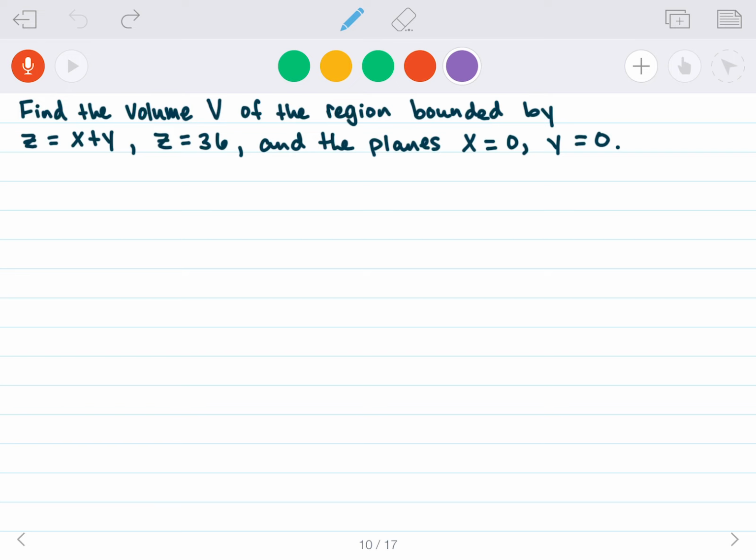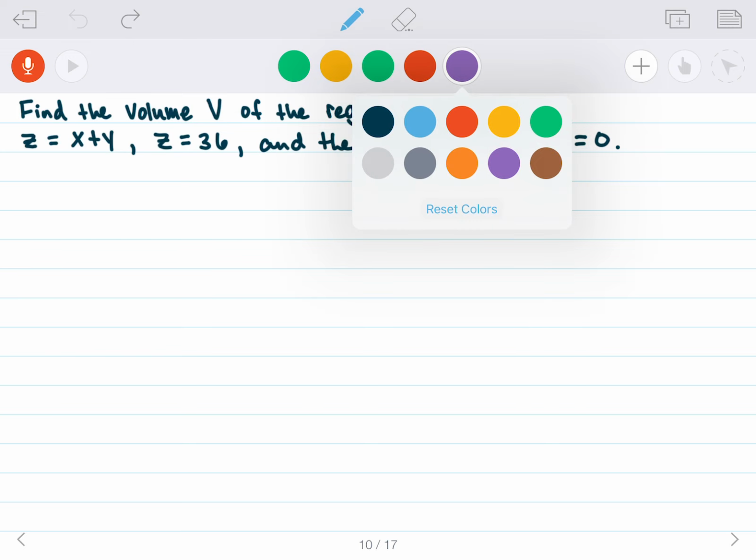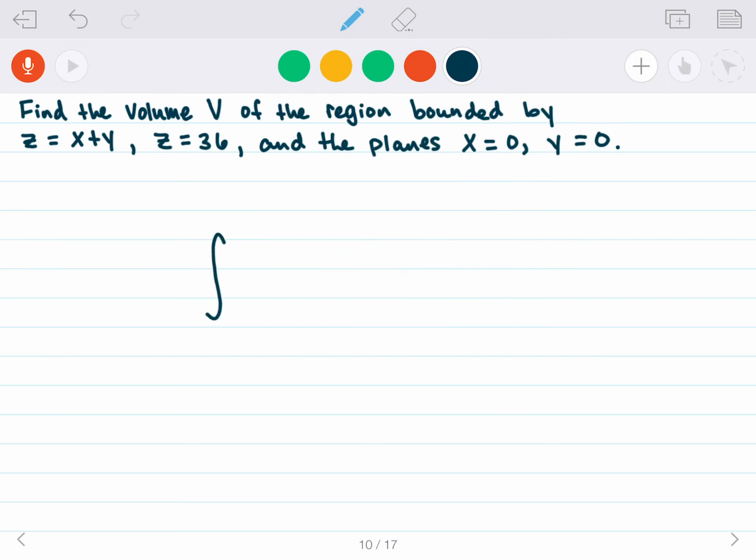So let's go ahead and set up these integrals. We're not given a specific function, so we're going to assume that it's 1. So we're integrating 1. And I'll put my integrals here. Again, it looks like z is the more complicated one because we have that function there. So I'm going to start with z again.